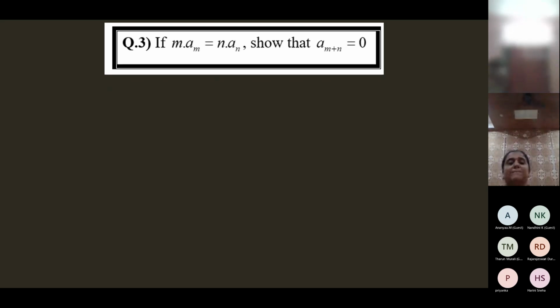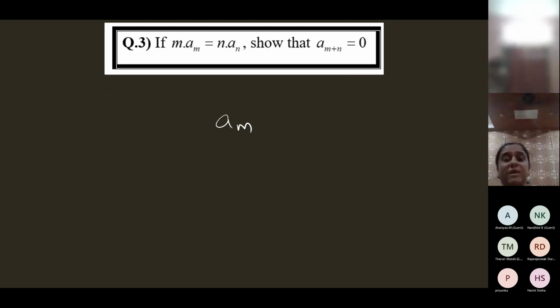M times AM is equal to N times AN. No, what is AM? AM is equal to A plus M minus 1D. No. How do you read AM? What do you mean by AM? The mth term, right? Yes, ma'am.